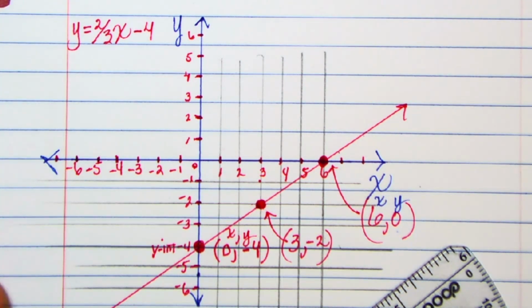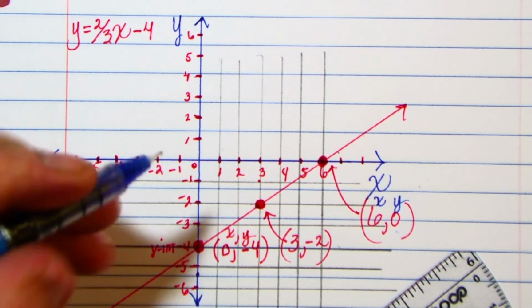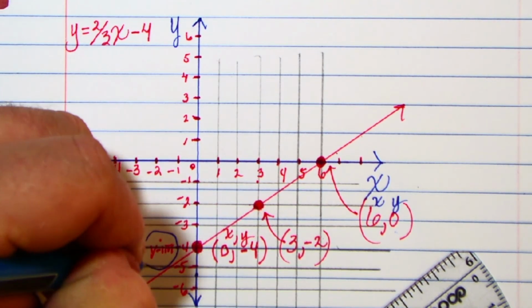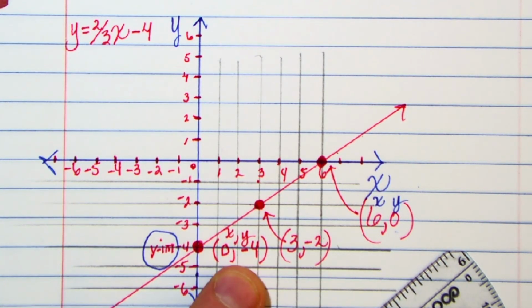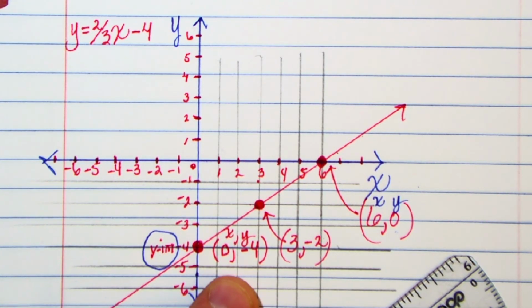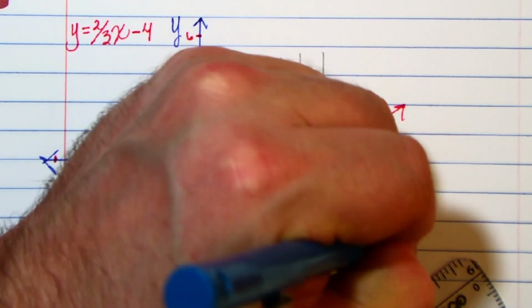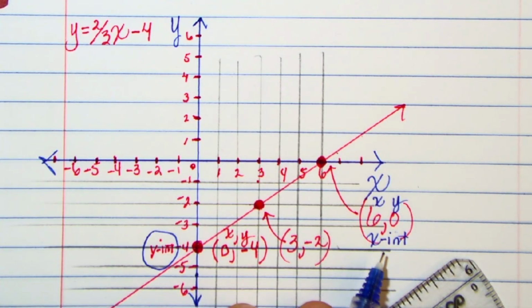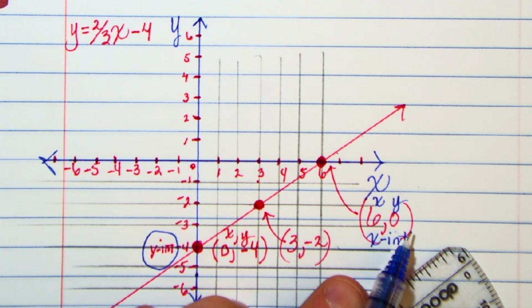Okay, so now we've drawn the y-intercept over here. Remember it was at 0 comma -4. The y-intercept answered the question, what is y when x is 0? And then we've drawn the x-intercept over here, which graphically answers the question, what is x when y is 0?